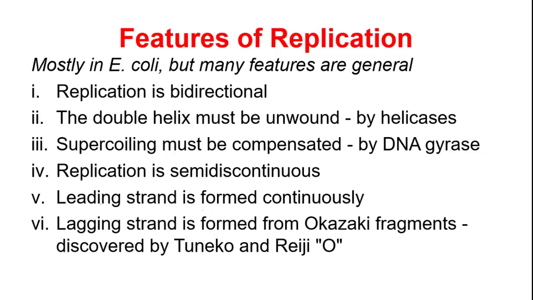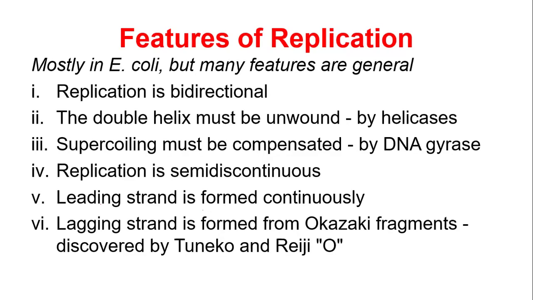Remember, when we're looking at the whole idea of the molecule, we also saw that there are associated enzymes. Some of those enzymes we say are replication enzymes, which we saw from our last class. One of those enzymes is called helicase. The other one is called gyrase or topoisomerase. And what does it do? It actually does the work of compensating for supercoils.